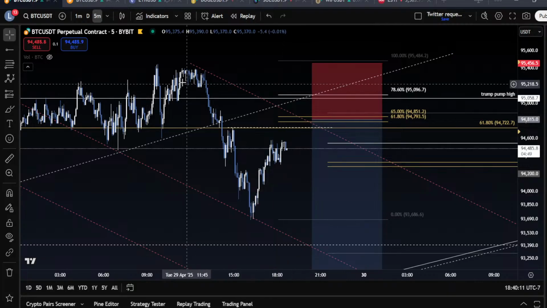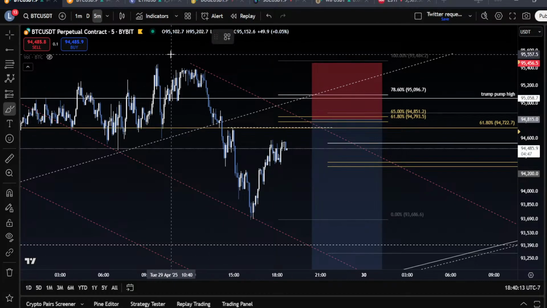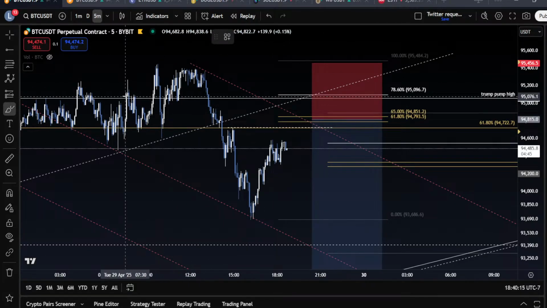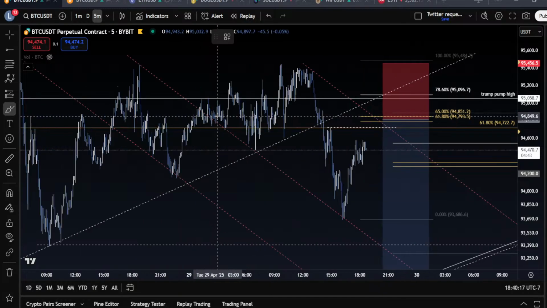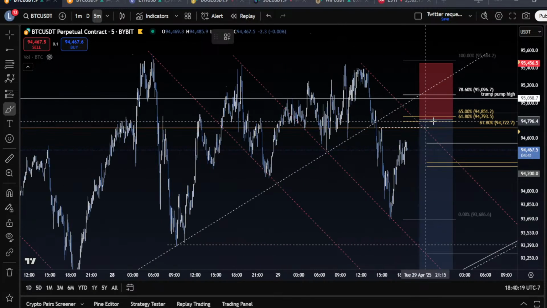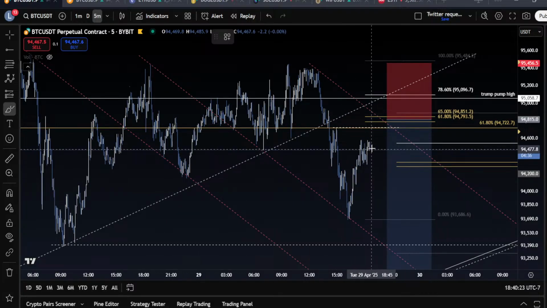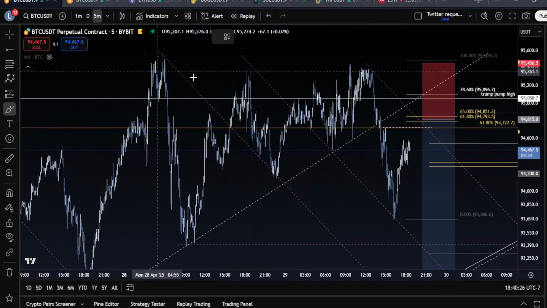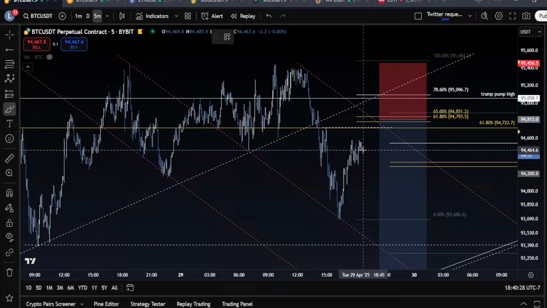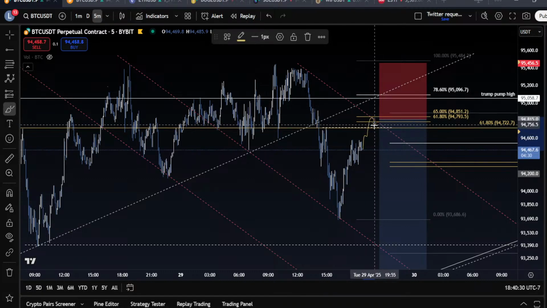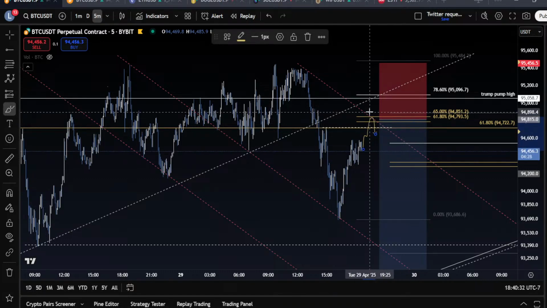In theory, if this is going to be relevant, and again, it's speculative, it's not necessarily the thing I need to be happening to be willing to take a trade here, but I think it's a reasonable idea. But if we're going to get the timing confluence, then we should be seeing timing confluence into these local highs and this GP.